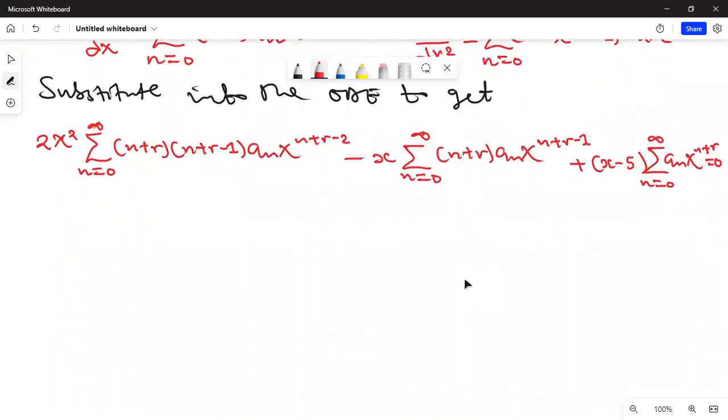Now we need to simplify this. By simplifying, I mean you take these coefficients inside. Even this, you need to take it inside. Even the whole of this, you need to take it inside. So what are we going to get?